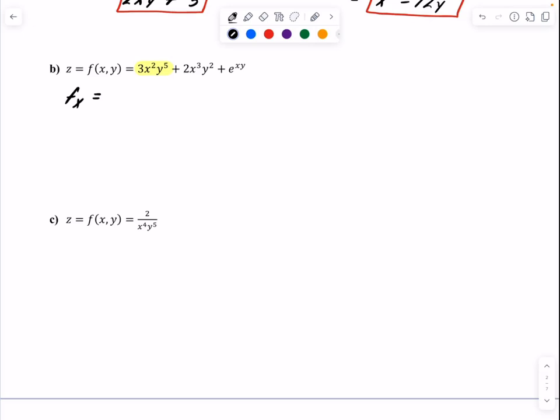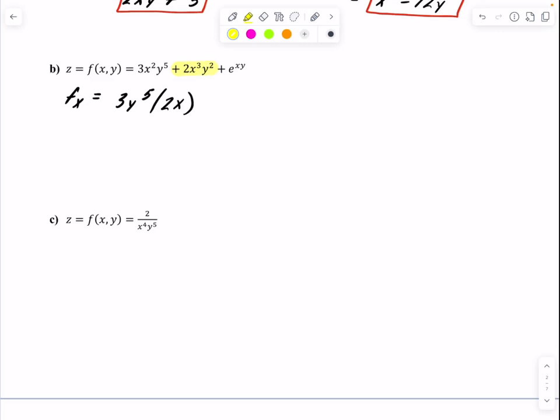So I'm going to go ahead and put the 3 and the y to the 5th first. Any part where I'm not taking the derivative of it, I like to write it first. The only thing I have to do now is take the derivative of x squared, which of course is 2x. I'll clean it up in the next step.